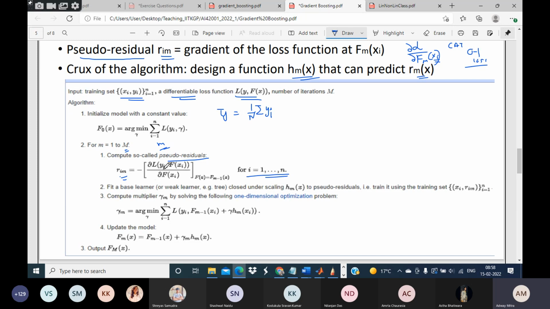And once again to remind, in case this L is the squared error loss, then the pseudo residual becomes equal to the actual residual.